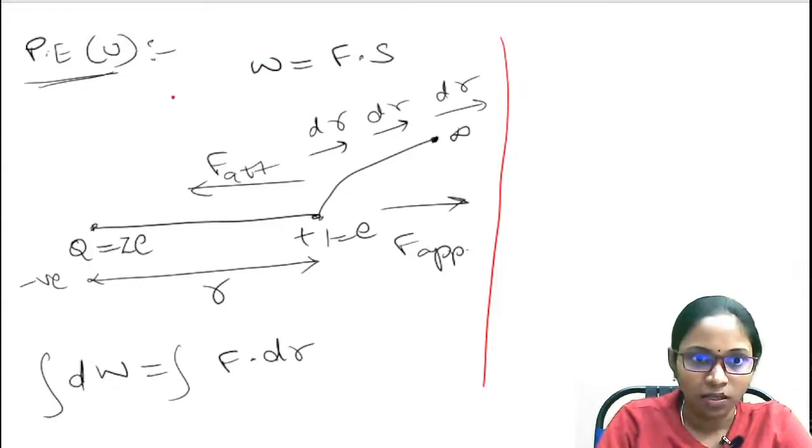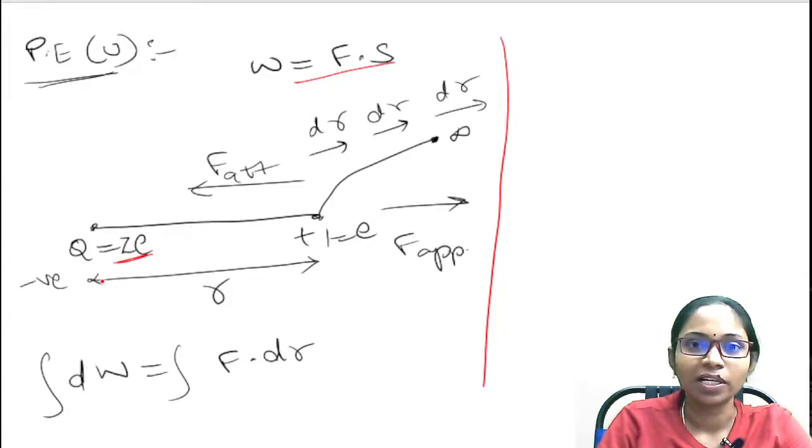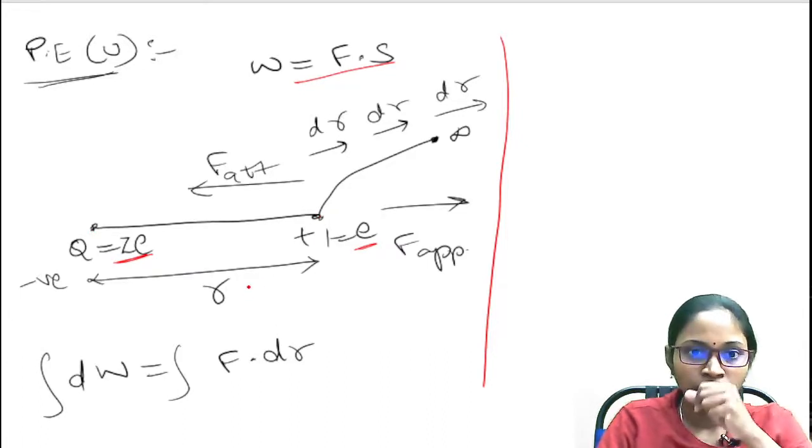Okay. As we know, the work done is the scalar product of force and displacement. Here I am taking a source charge, which is nothing but a nucleus of positive charge, and a test charge, which is an electron. The distance between these two charges is r.